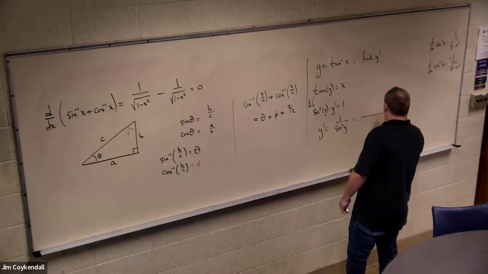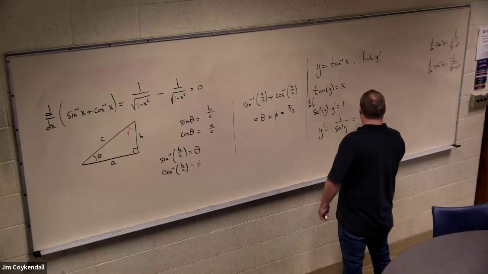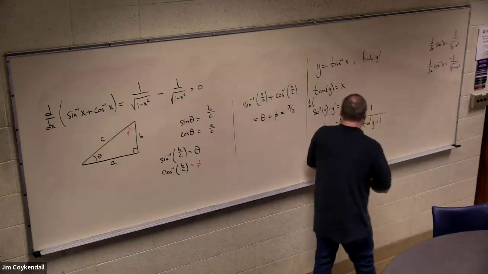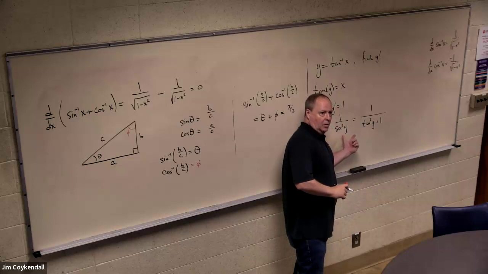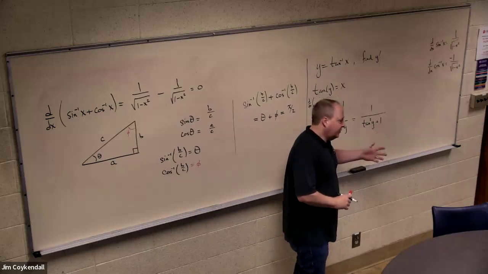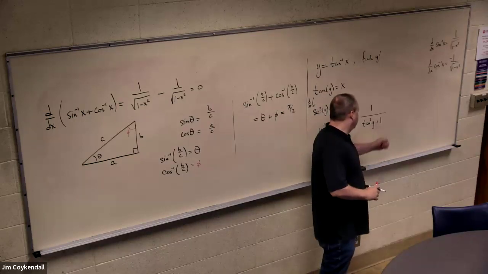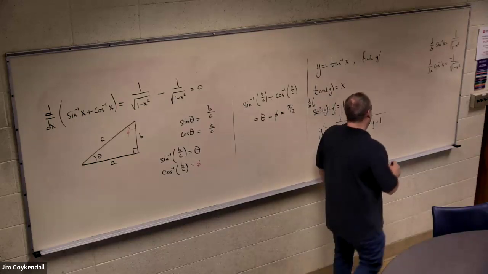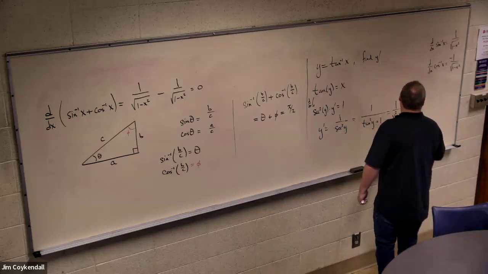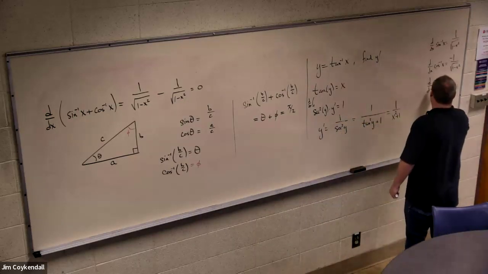And the identity that I invoked last time turns out that secant squared y is always tangent squared y plus 1. This is basically cosine squared plus sine squared, all divided by cosine squared. And this is 1 over 1 plus x squared.